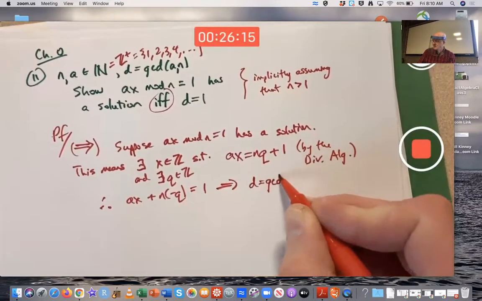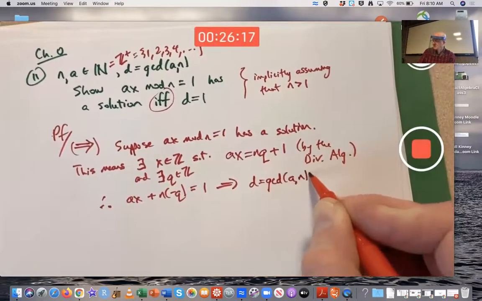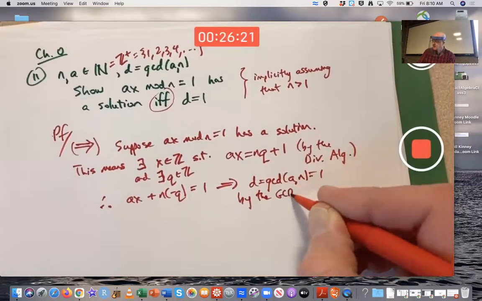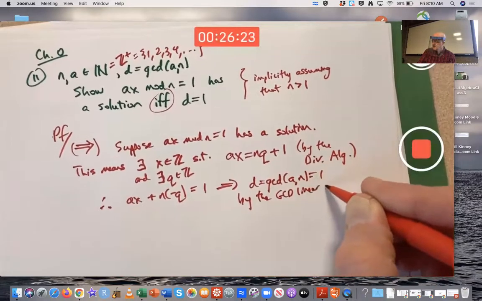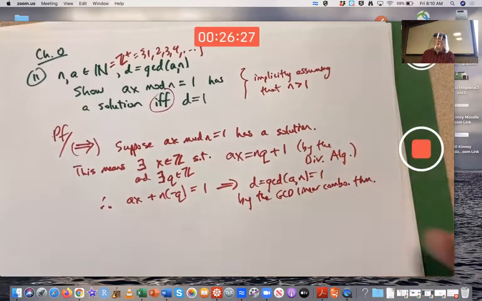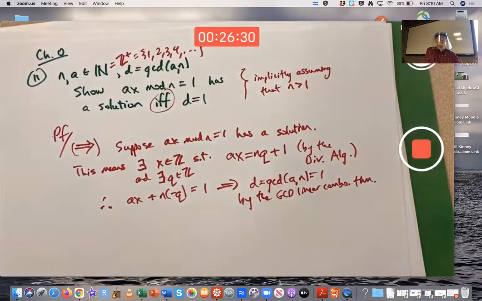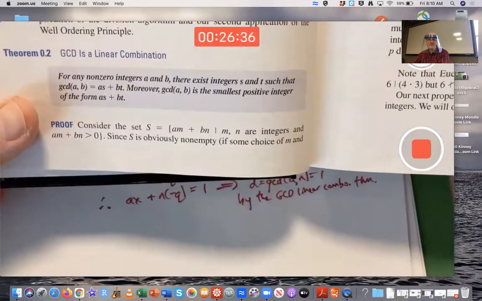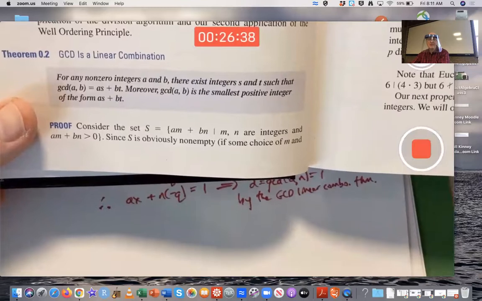I'll say it again here. I'll just say by the GCD is a linear combination theorem. It's really the second sentence of the theorem as stated. The second sentence says the GCD of a and b is the smallest positive integer of the form as plus bt.